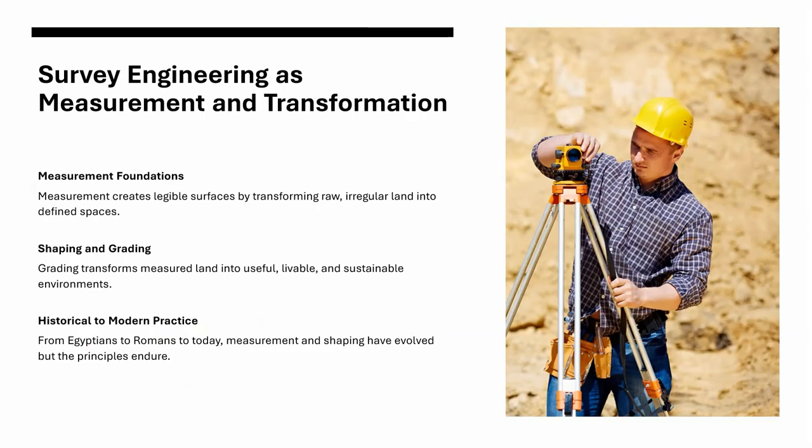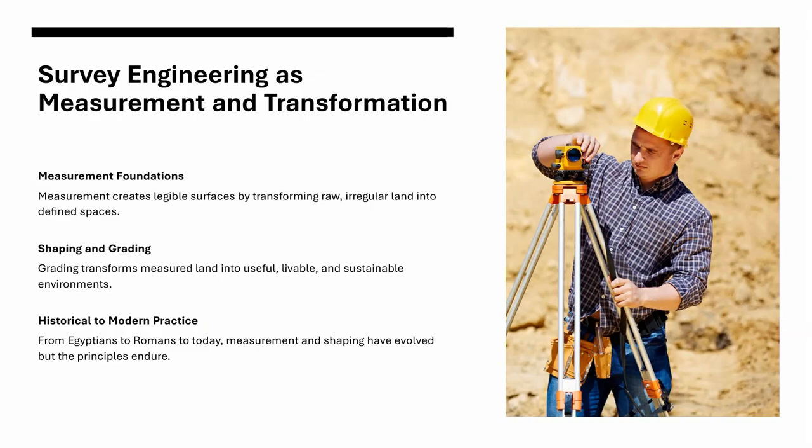So when we step back, surfaces and grading sit at that intersection of two fundamental human impulses: to measure and shape. Measuring is what we do when we create a surface, turning the raw, irregular land into something legible. And shaping is what we do when we grade. We're transforming that land into something useful, livable, and sustainable.